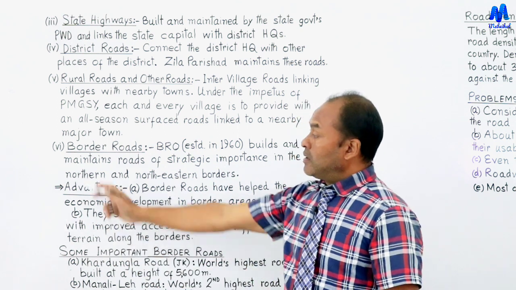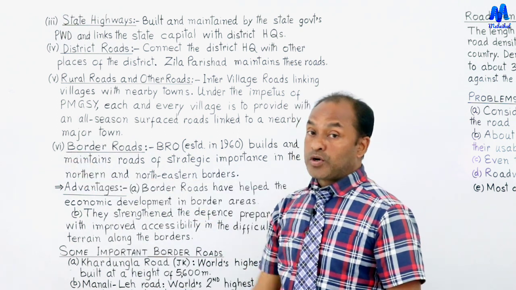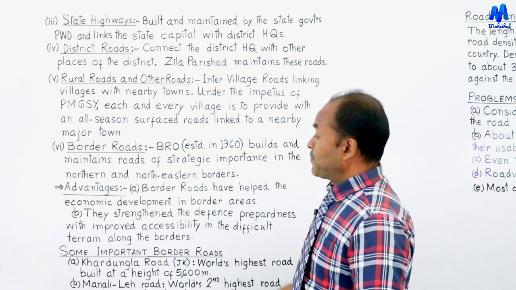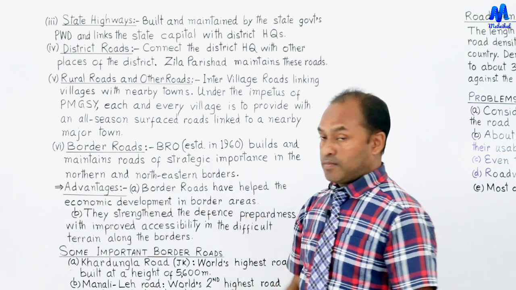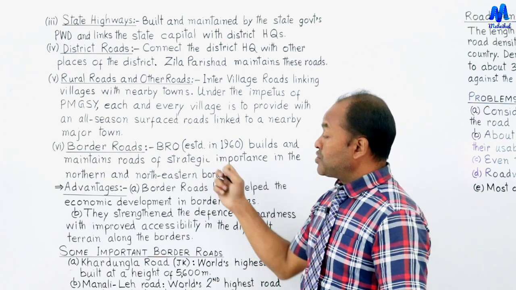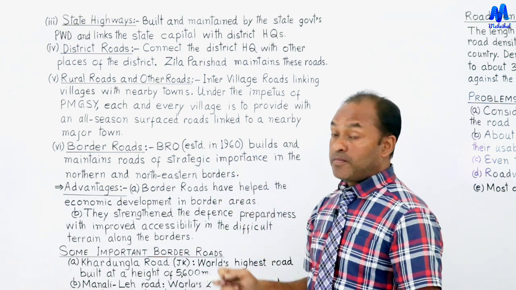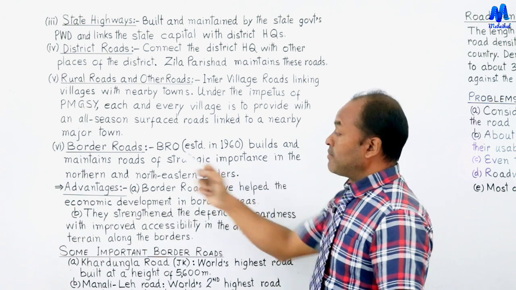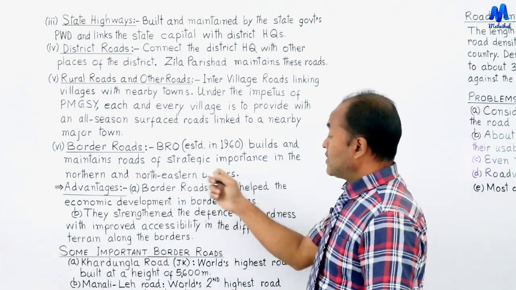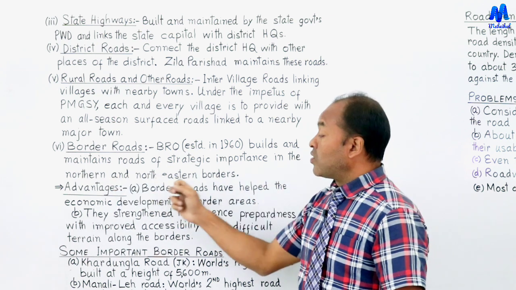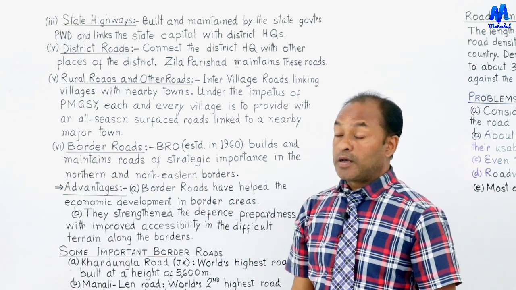Now we'll go on to border roads. Border Roads Organization, in short BRO. This organization was established in 1960, and it builds and maintains roads of strategic importance in the northern and northeastern borders of India.